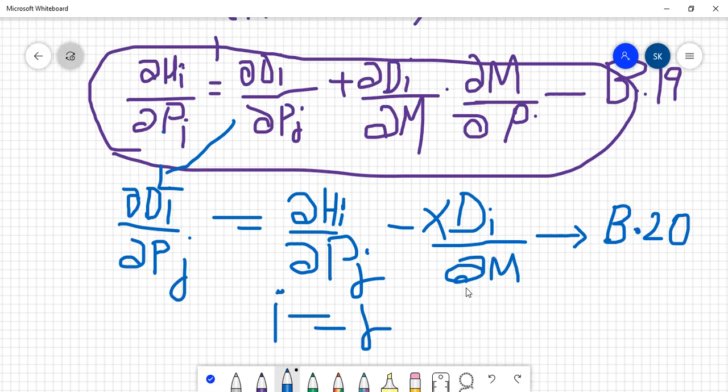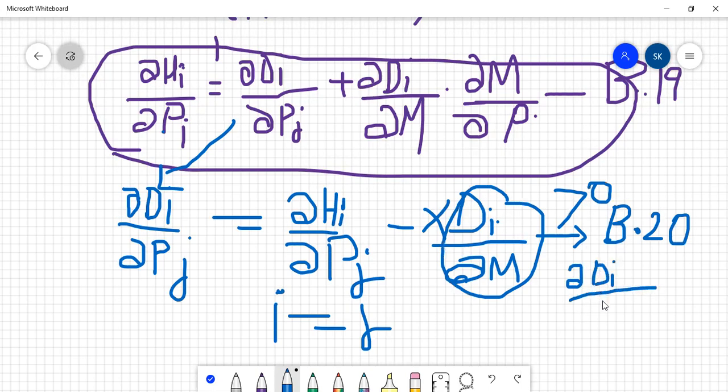So B20, with i equal to j, establishes that if a good is normal, so that curly di upon curly m is greater than 0, then the slope of the Marshallian demand curve is negative. If the good is inferior, so that curly di upon curly m is less than 0, the slope is negative, positive, or 0 depending on the relative sizes of the absolute values.